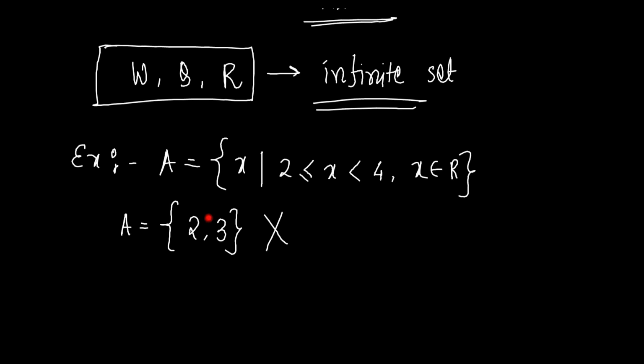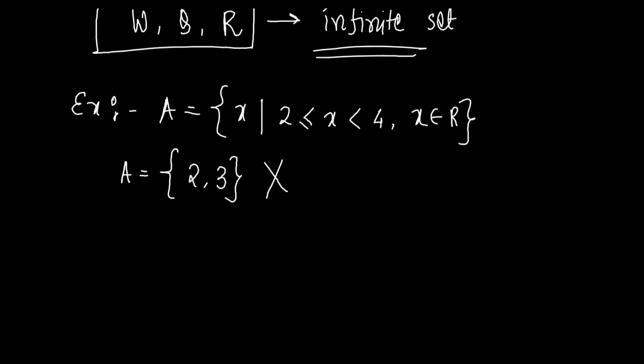Why? Because here X is greater than or equal to 2 and less than 4, but another condition is given, that X belongs to real numbers. If you see carefully, in between 2 and 4 there are an infinite number of real numbers present, not only 2 and 3.